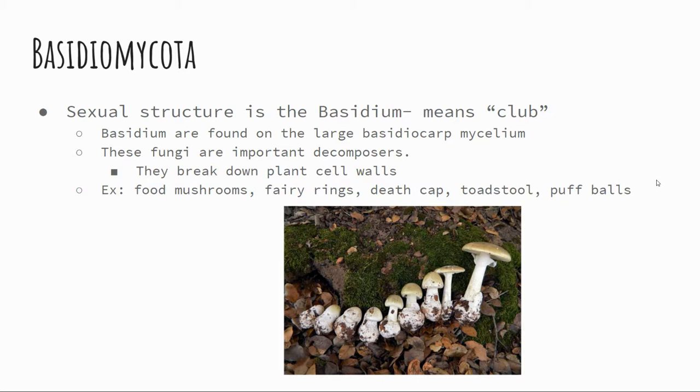Next, the third one is basidiomycota, and the sexual structure is a basidium, which means club. The basidiums are found on large basidiocarp mycelium, and these fungi are very important decomposers in their ecosystem, which means they break down plant cell walls specifically. Some examples are the mushrooms that we eat for food, fairy rings, death caps, toadstools, and puffballs.